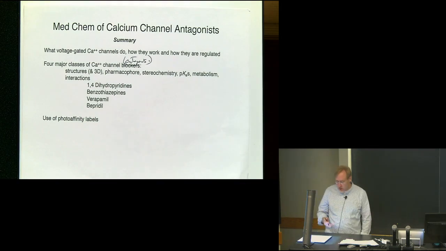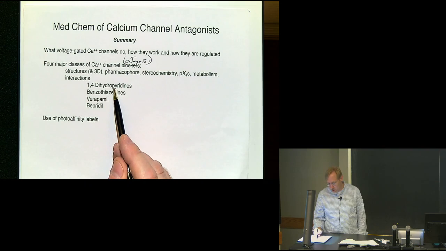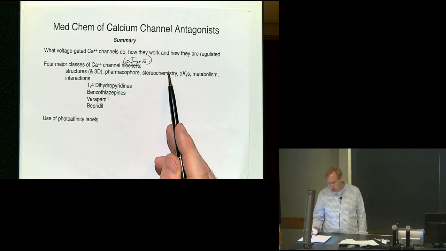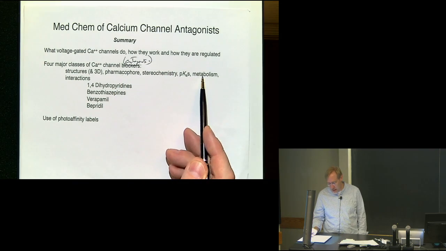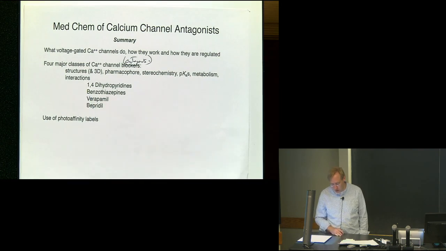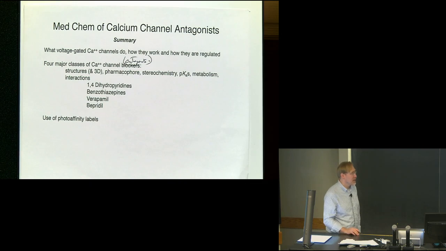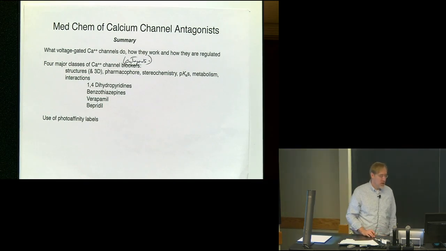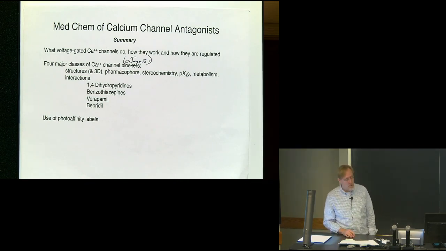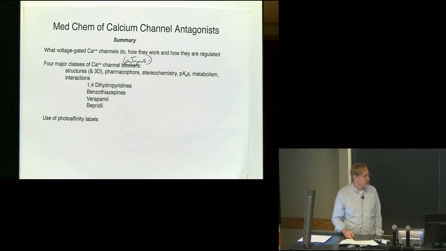We looked at their structures, their 3D shapes and how that's important sometimes, like with the dihydropyridines, their pharmacophores, stereochemistry, PKs, how they get metabolized, and what interactions they might have. Then we briefly talked about an experimental technique using photoaffinity labels as a general way to find drug binding sites on targets in the absence of structural information.